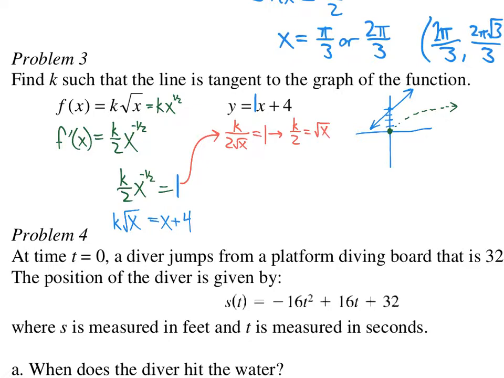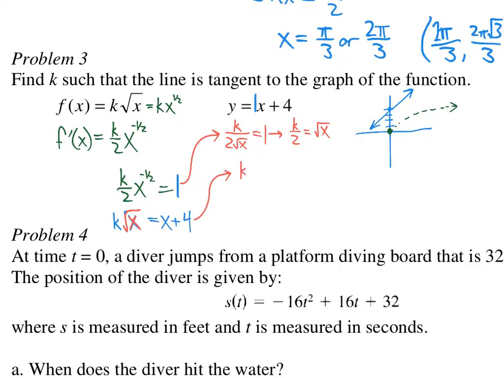Now, why would I have done that? Because now this radical x right here, we can substitute out.